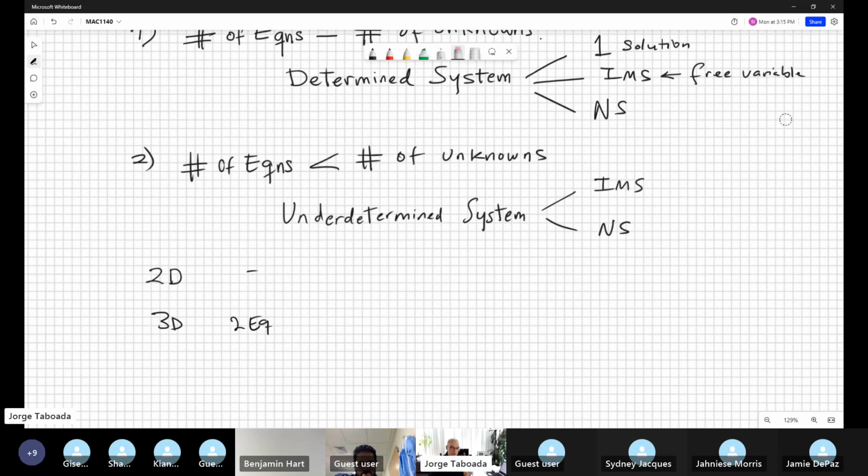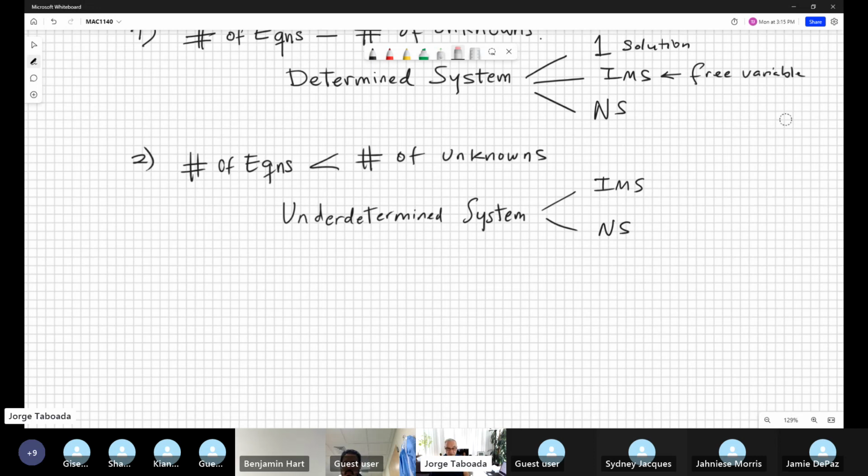Is this idea clear or not? Geometrically speaking, what is infinitely many solutions? Okay, so you understand very well.